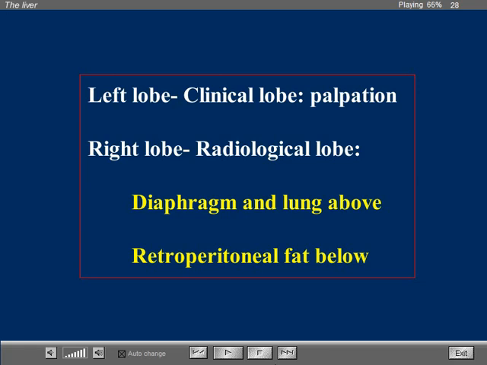So radiographically, we should be able to see the superior margin of the right lobe by the aerated lung above it, and inferiorly, we should be able to recognize in well-exposed images the presence of fat outlining the inferior margin of the right lobe.